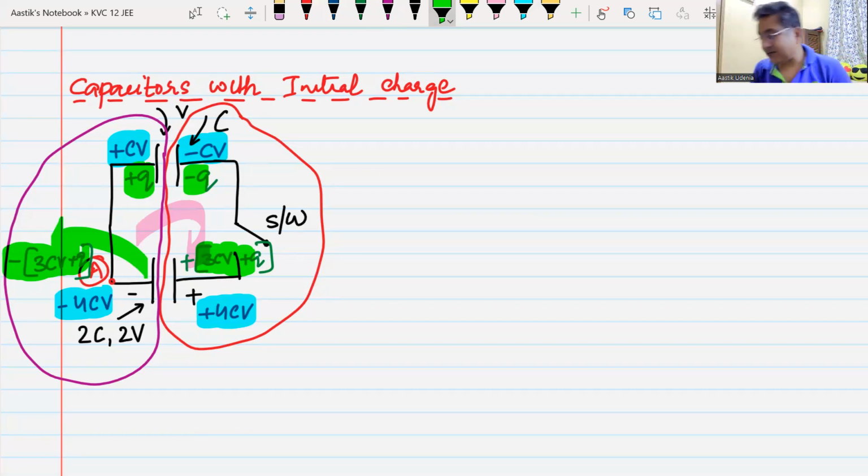Do we understand this? Now I know the charges, so I do what I have been doing. VA is the potential of this point. Now again, I move across the capacitor. Remember, the green are the charges on the capacitor, and I have taken this plate as positive. So VA minus Q by C. Then again, I have taken the next plate also positive.